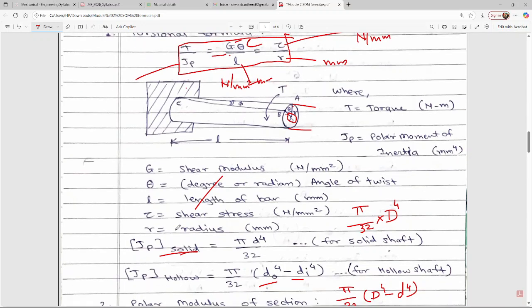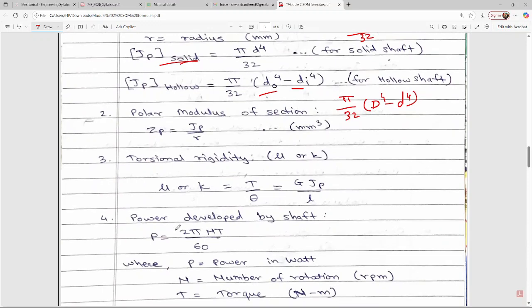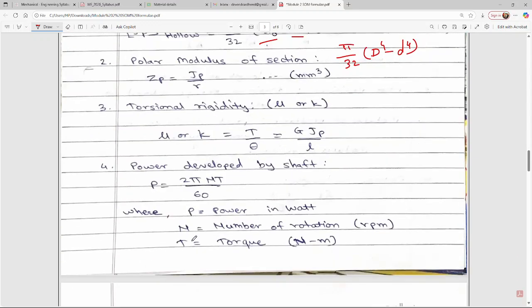Then T is torque. T can be easily found by this fourth formula, 2 pi N T by 60. But look carefully: here power is in watt. If power is given, you need to take it as it is in watt.